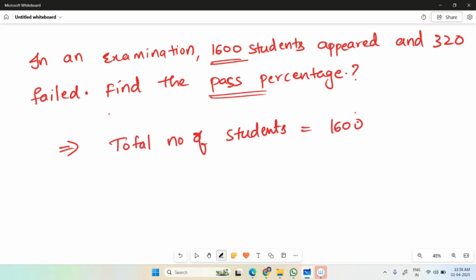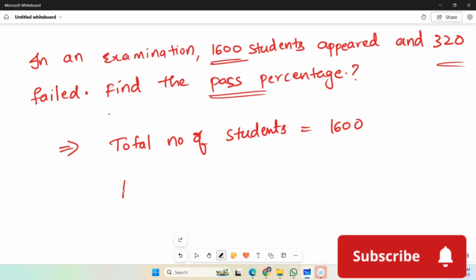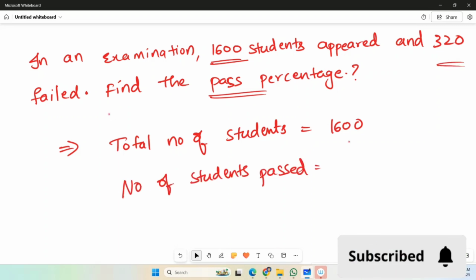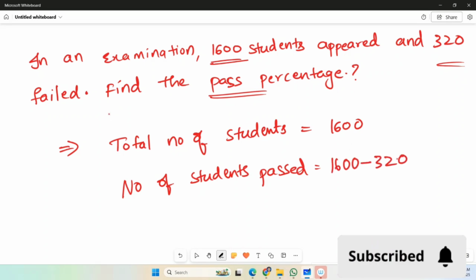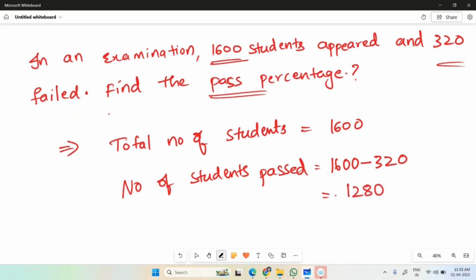Out of 1600 only 320 failed. To find the number of students passed, we simply subtract failed students from the total number of students. We get 1600 minus 320 is 1280. So these many students passed.